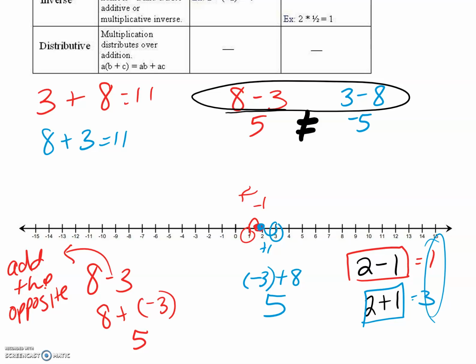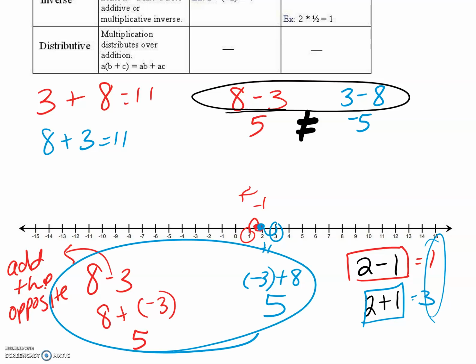When we rewrite problems, we're not creating new problems. We're creating equivalent problems. We're simply rearranging our original problem to make it equal to itself. So we're rewriting it. We're not creating anything new.